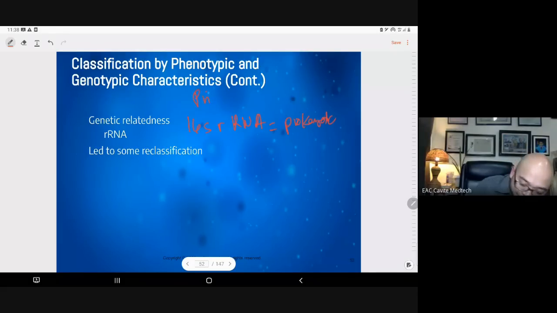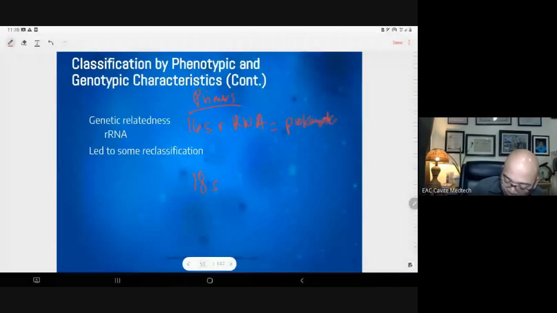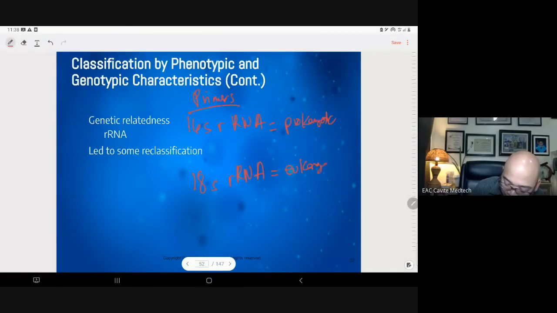So these are the primers in PCR. And if you're using eukaryotic organisms, then your primer should have been the 18S rRNA origin.